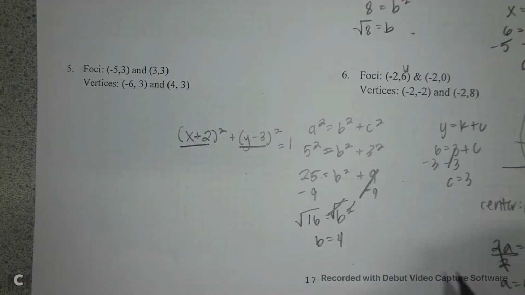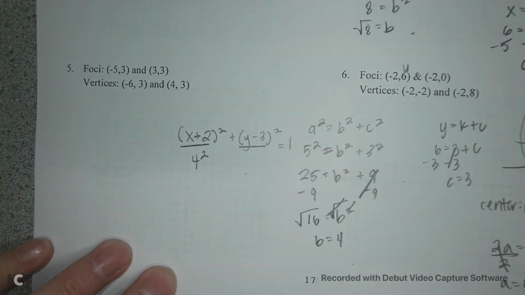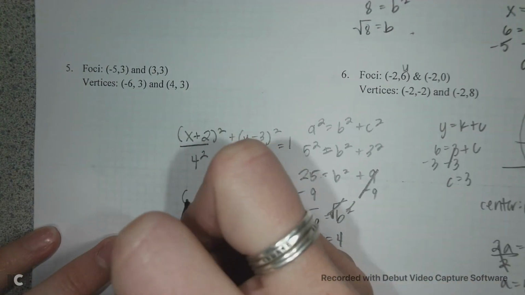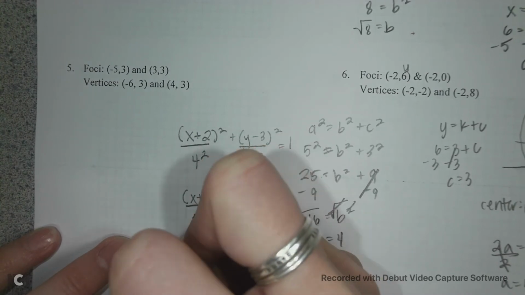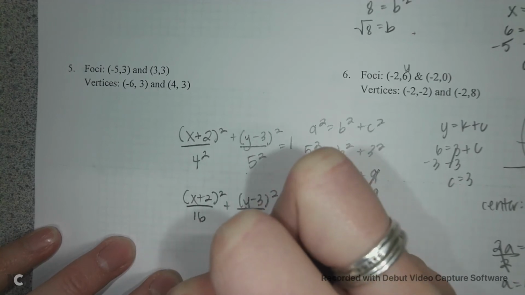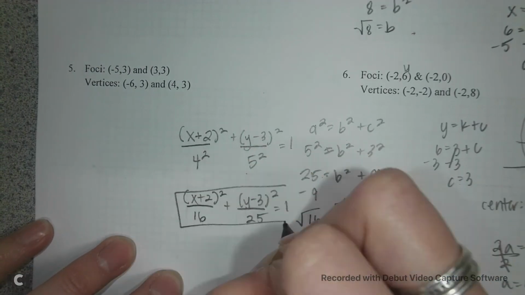B goes first, so b is 4 squared, and then a goes second, and a is 5 squared, so (x plus 2) squared over 16 plus (y minus 3) squared over 25 is equal to 1.